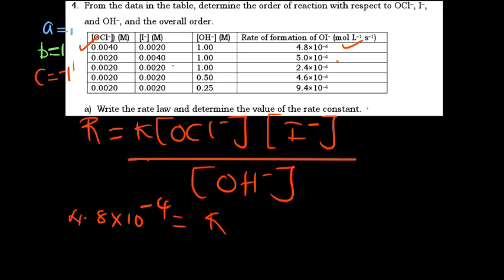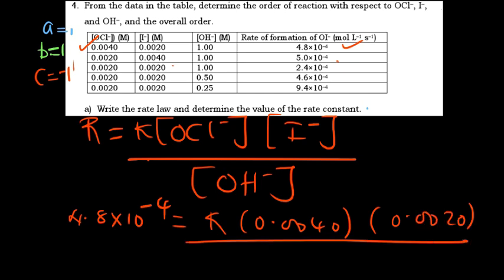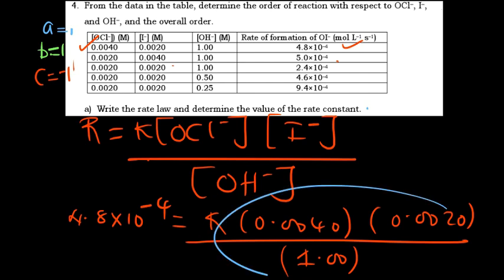So for HCl, it was 0.0040, and then for the iodide it was 0.0020 divided by the hydroxide, which was 1.00. Okay, so our goal there is to find the value of K. So let's try to punch all those on the calculator there. 0.0440 times 0.020 divided by 1.